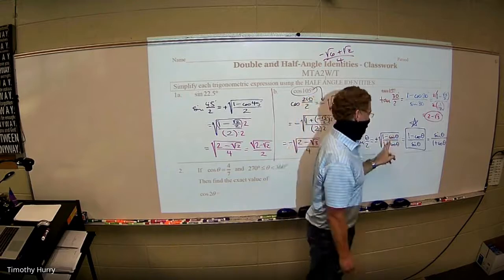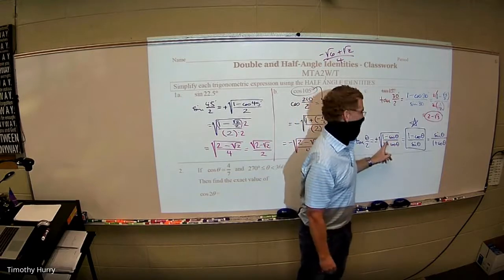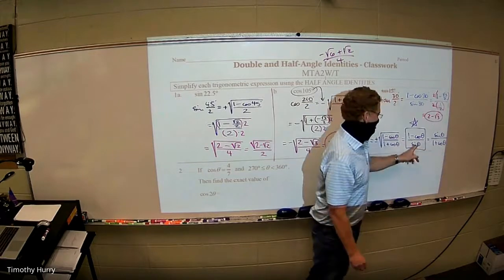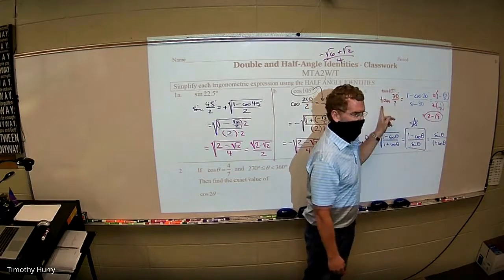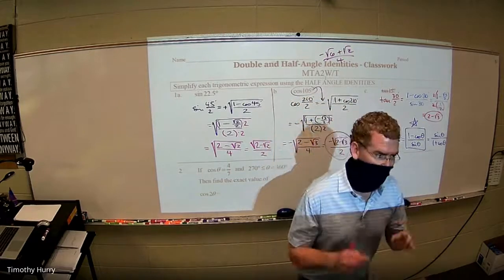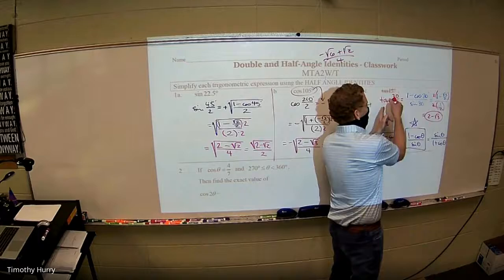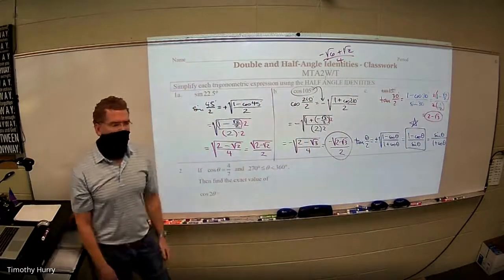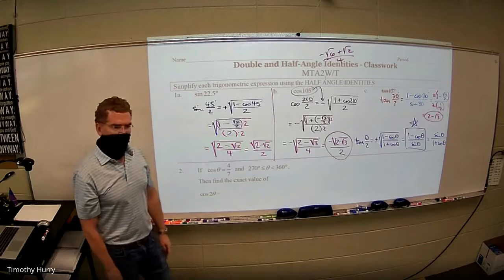Now, if you pick this one, more pain and suffering. If you pick this one, a little bit more pain and suffering. So that's the best one to pick when you're dealing with half angle tangent, even when you have the option of doing alpha plus betas. Again, half angles were great for tangents, not as great for these, but if you got to use them, you got to use them. All right?